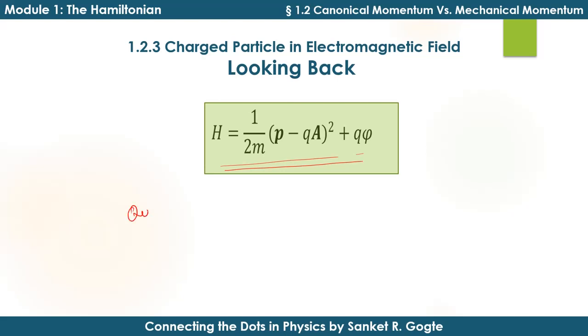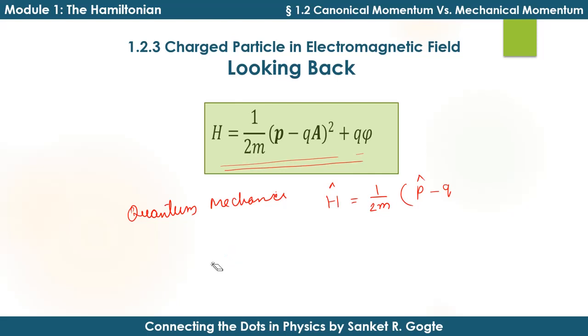Now for quantum mechanics, what changes here? This Hamiltonian becomes an operator, and when it becomes an operator, this p is also an operator. If we are discussing semi-classical theory, where we are treating the electromagnetic field as a classical field through Maxwell's equations, then this A is a simple field, a simple vector.